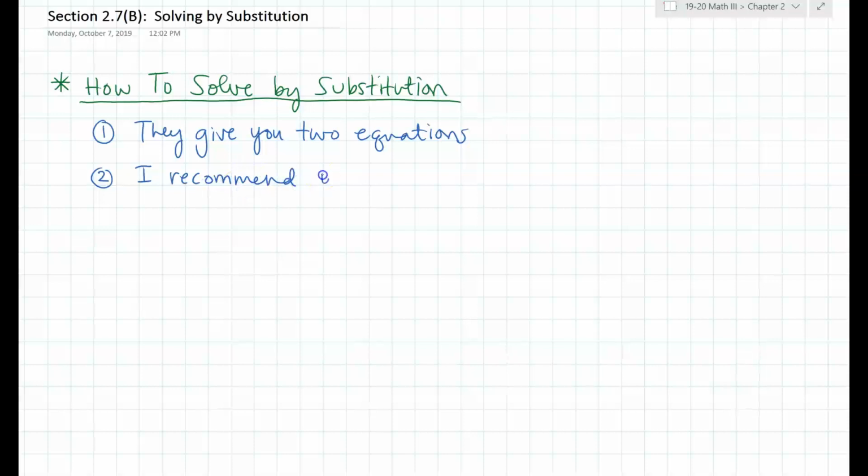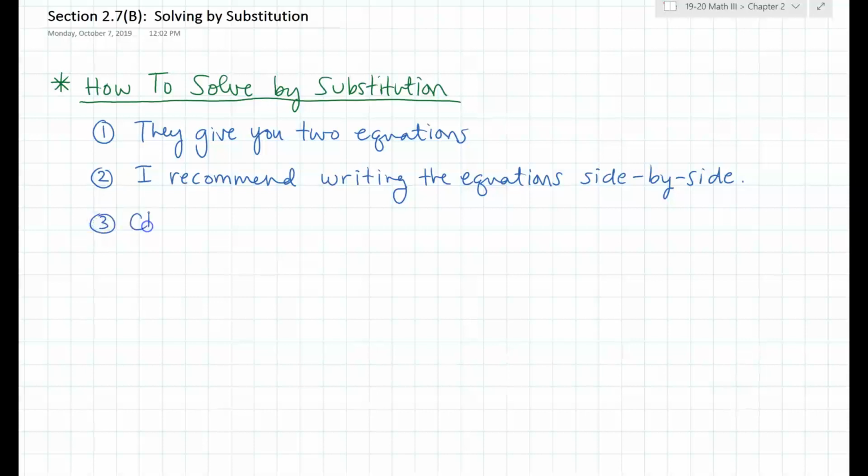I recommend writing the equations side by side. It's just easier to work with them when they're side by side. And you'll see me do that when I do the examples.